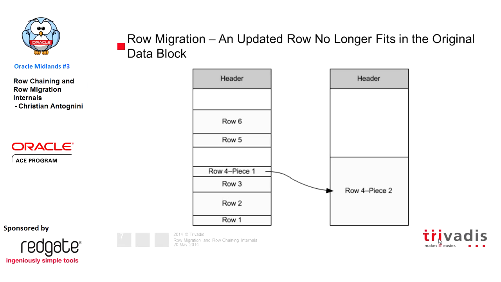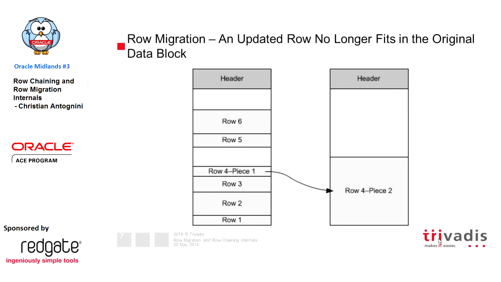Okay. Now let's start by talking about row migration. Row migration happens when you update a row and the new row is bigger and doesn't fit in the block where it is stored. So what you usually have, for example here, row 4 also uses this part of the block.